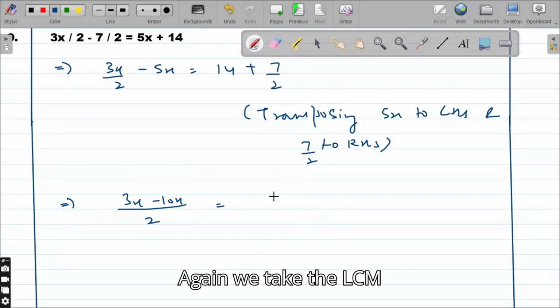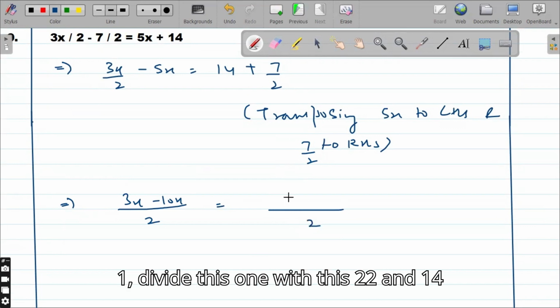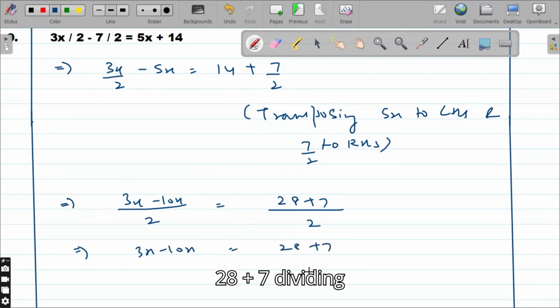Again, we take the LCM here also. So 2 multiply 1, divide this 1 with this 2, 2, and 14 2s are 28 plus 7. So we'll be left with 3x minus 10x equal to 28 plus 7.